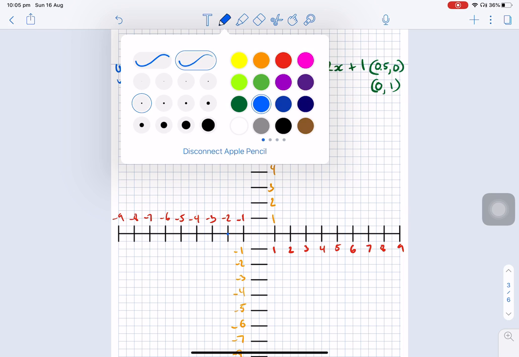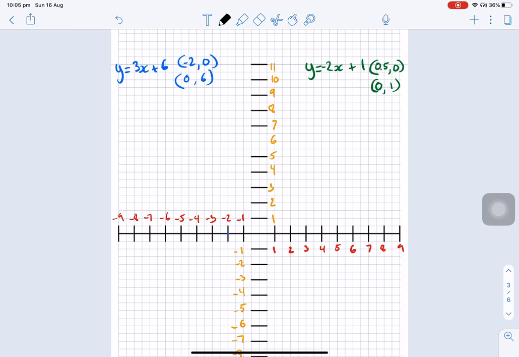Oh, no, that's not what I wanted. Got rid of the whole line. Let's draw that back up. There we go. Let's make sure the pen's on, not the eraser. So we've got this point here, got that point there. So I can just draw my line linking these two up.